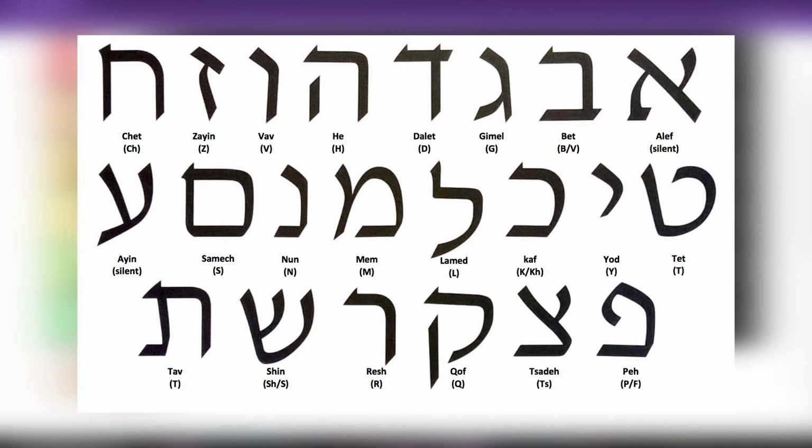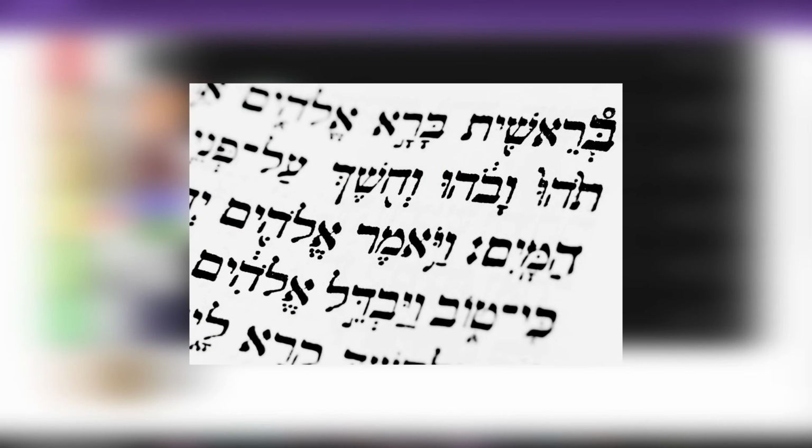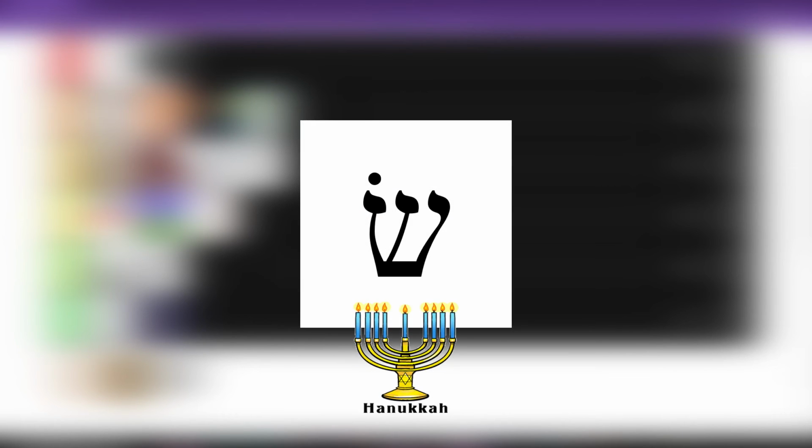Next up, the Hebrew alphabet, used mostly in Israel. Another very iconic alphabet. I would immediately recognize the Hebrew alphabet. I think it is really cool and suits its culture. One of the letters even looks like a Hanakucha, which I think is kind of funny.